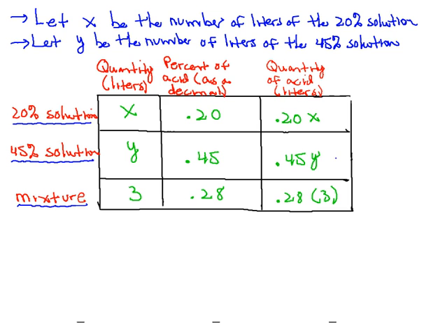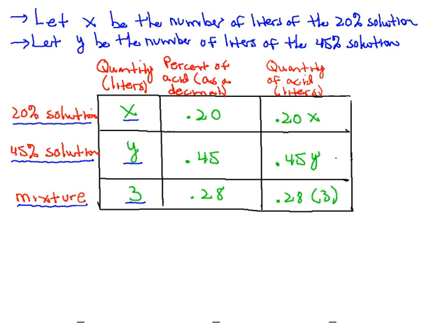So in the first column, which is the quantity, we can clearly put x is the number of liters of the 20% solution, y is the number of liters of the 45% solution, and we're told, you recall, that the number of liters in the mixture is 3 liters.